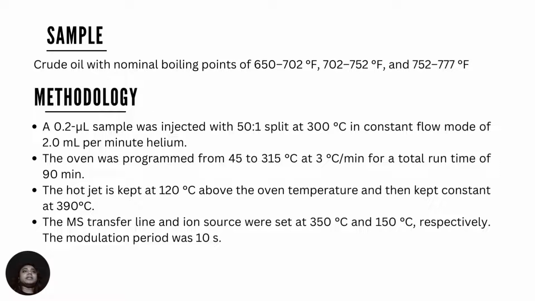The hot jet is kept at 120 Celsius above the oven temperature and kept constant at 390 Celsius. The MS transfer line and the ion source were set at 350 Celsius and 150 Celsius respectively. The modulation period was 10 seconds.